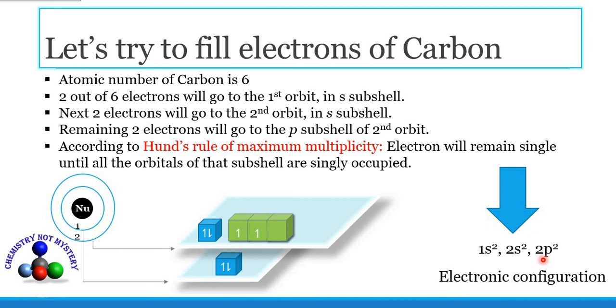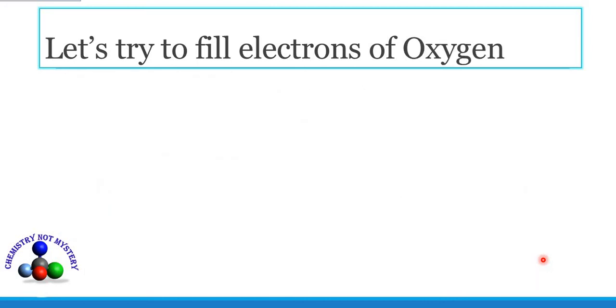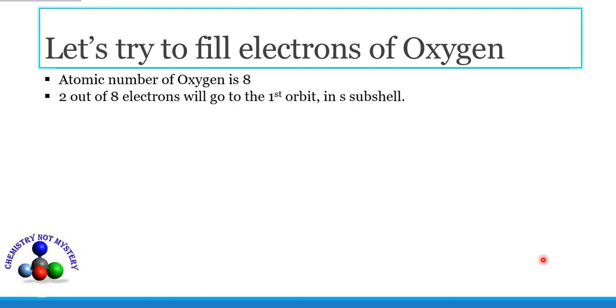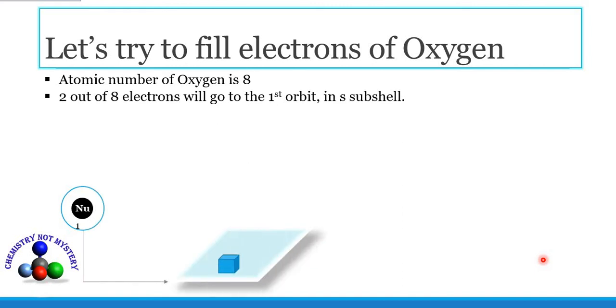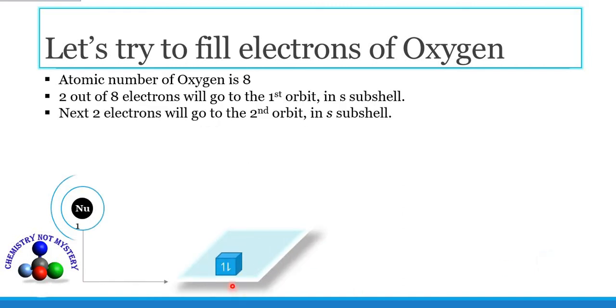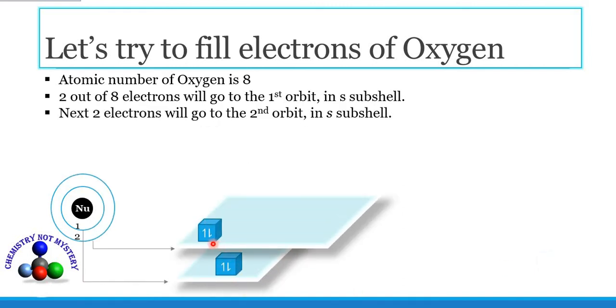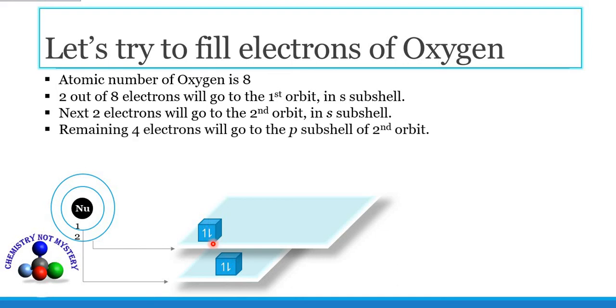Now, come to oxygen. Its atomic number is 8. You can distribute 7 out of its 8 electrons as you did before: 2 electrons in the S subshell of the first orbit, then 2 electrons in the S subshell of the second orbit, then 3 electrons in the P subshell of the second orbit.